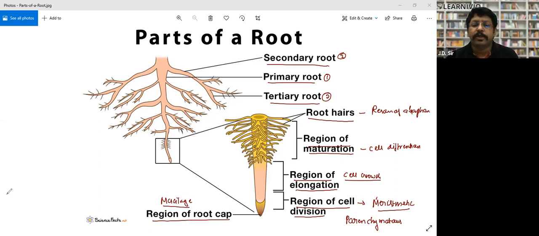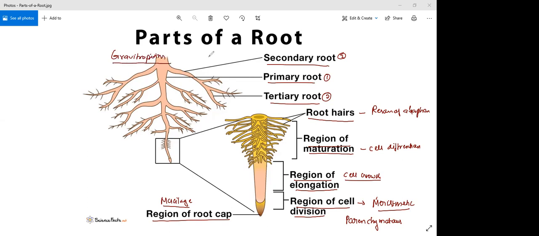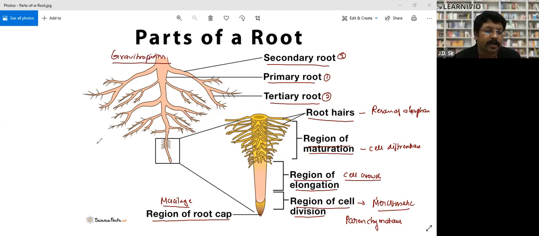This movement is called gravitropism. Is there any logic behind it? There must be some logic. This is a question for your medical examination.